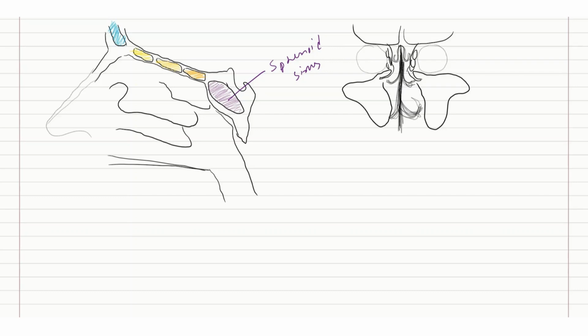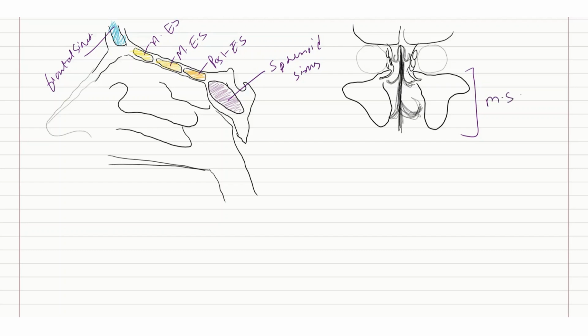These are ethmoidal sinuses. This is posterior ethmoidal sinus. This is middle ethmoidal sinus. And this is anterior ethmoidal sinus. This is the frontal sinus. And because this is the sagittal section, you cannot see maxillary sinus here. You can see right here in the anterior surface, this is the maxillary sinus.